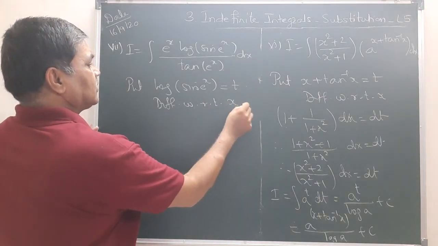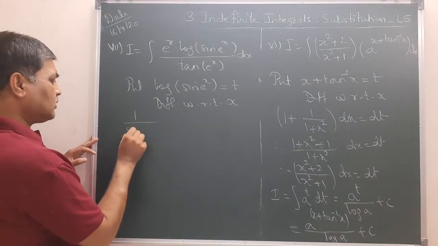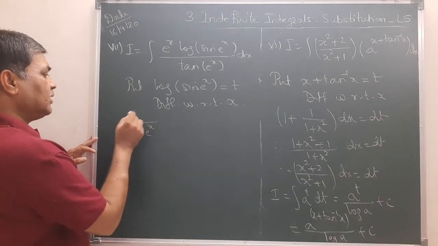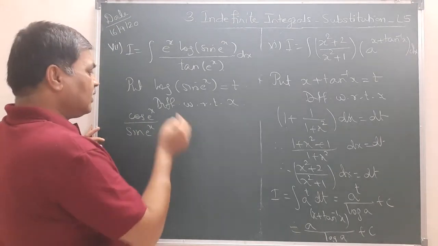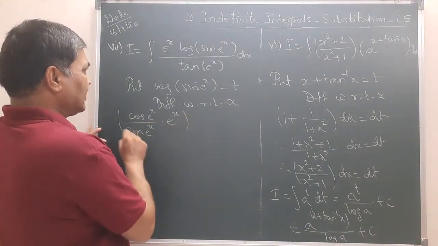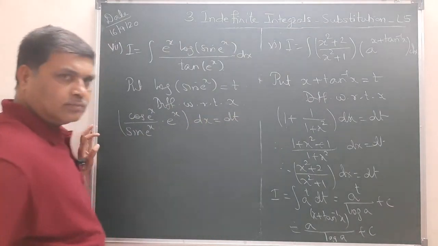Differentiating with respect to x, we will get derivative of log is 1 upon sin of e raised to x. Then derivative of sin is cos e raised to x. And then derivative of e raised to x dx is equal to dt.